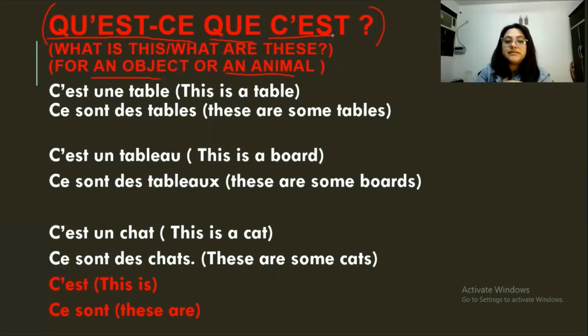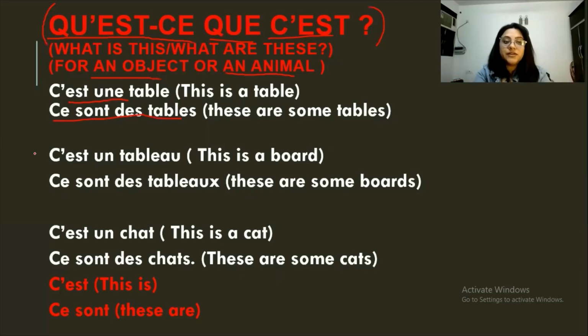For example, if my sentence is, c'est une table, this is a table, my question is going to be, qu'est-ce que c'est? If my answer is, ce sont des tables, these are some tables, then also my question is going to be, qu'est-ce que c'est?